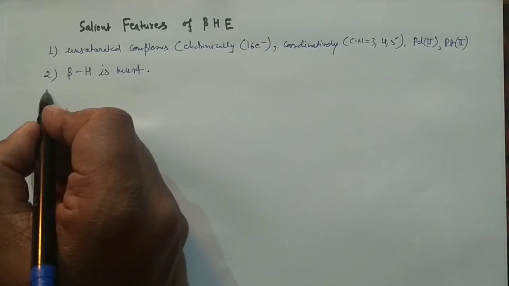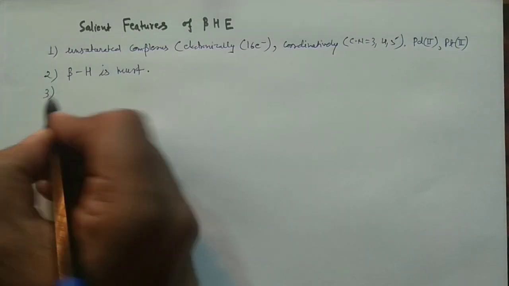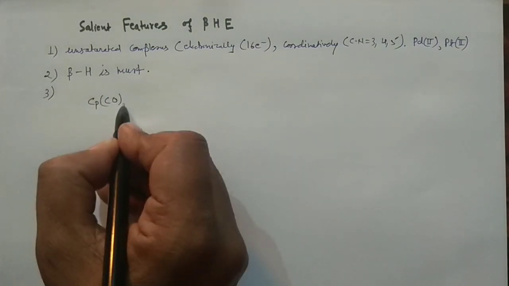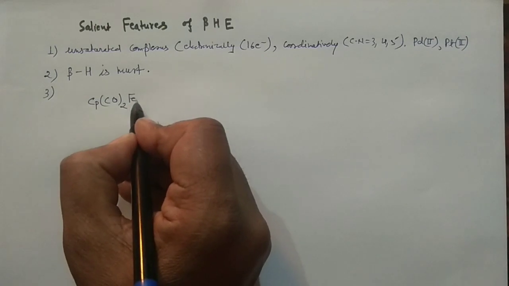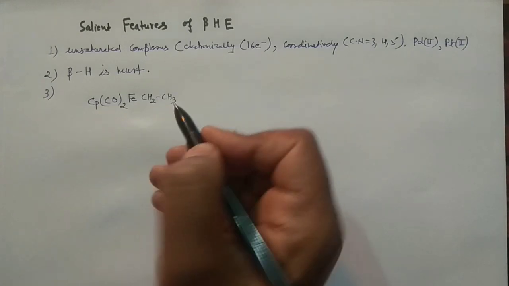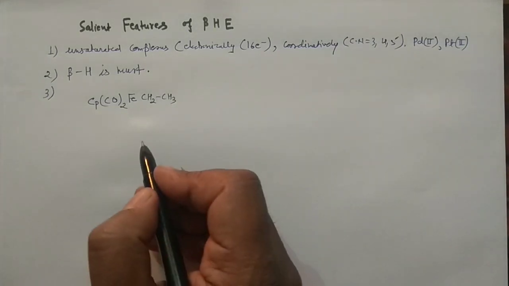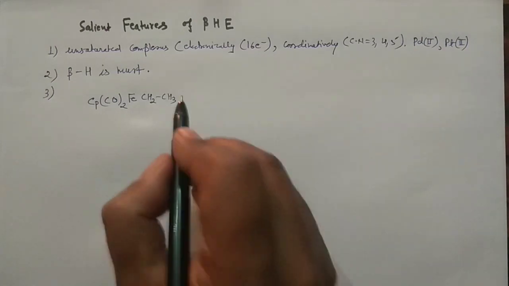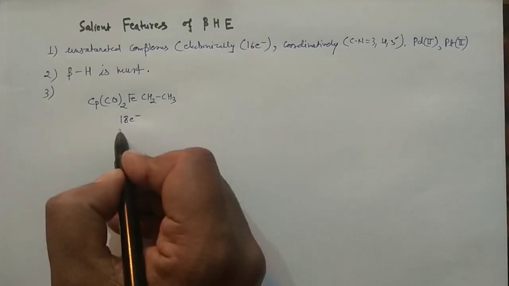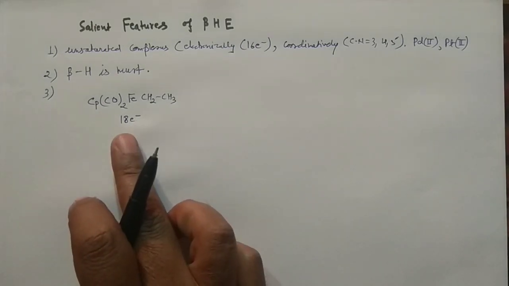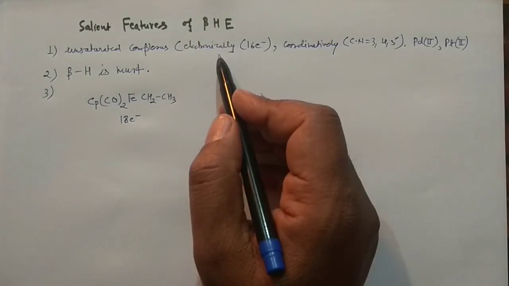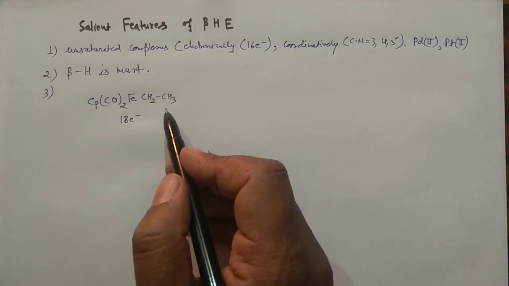Say for example, you have this complex, CpFe(CO)2CH2CH3. Say this is an 18 electron species. So first of all, the thing which will come into your mind is that it is an 18 electron species, so it will not undergo the beta hydride elimination reaction. But see, this can happen.